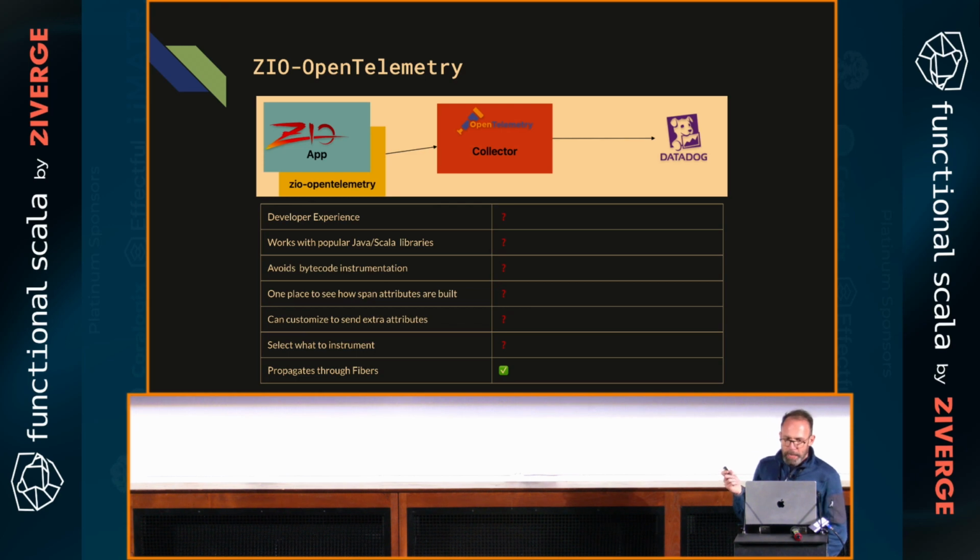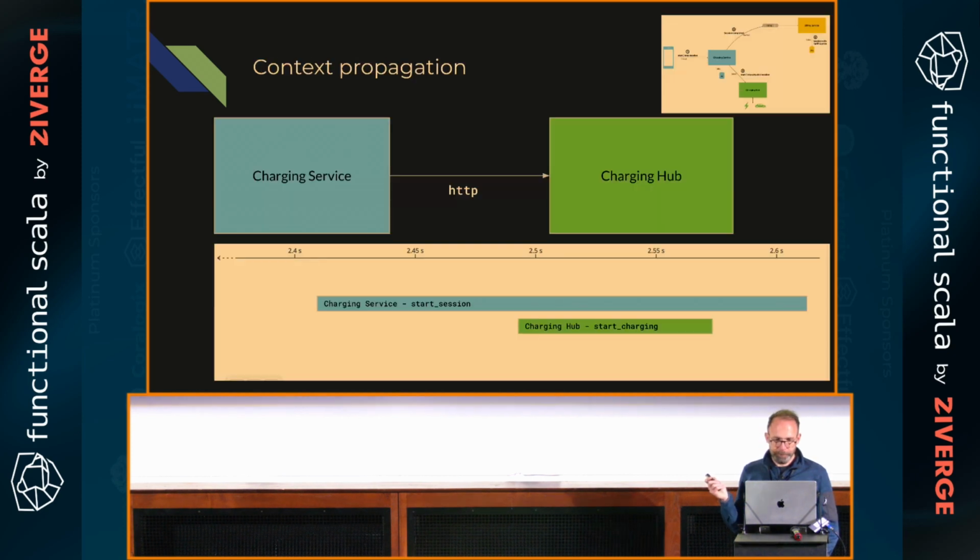Let's see how ZIO OpenTelemetry scores according to this matrix. Before that, let's talk about context propagation. So we have the charging service that calls the charging hub. Let's suppose we're using HTTP for this interaction. What I want to see is the charging service opening a span.